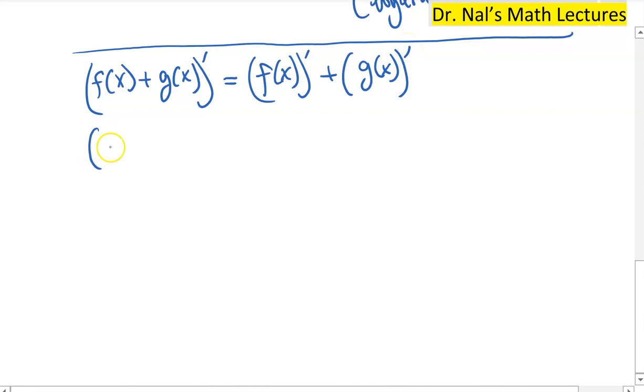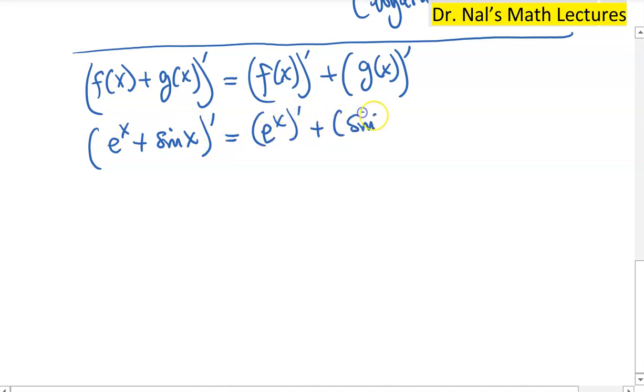For instance, if the question is asking for e to the x plus sine of x, all you need is the derivative of the first expression plus the derivative of the second expression. The derivative of e to the x is just e to the x, plus the derivative of sine of x is just cosine of x. Does that make sense? All right, so that's the addition rule.